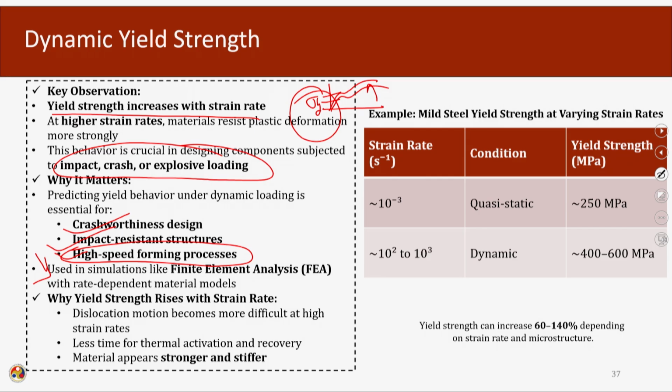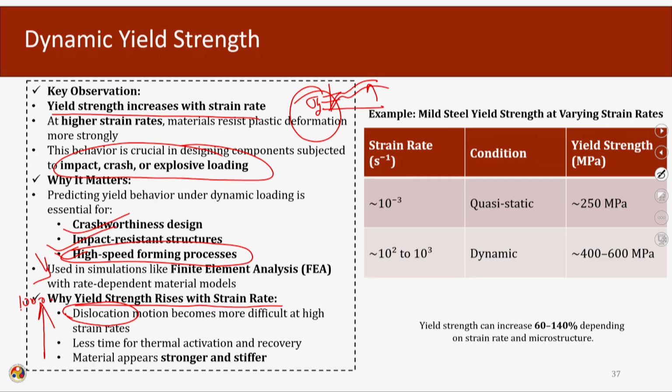So, why does the yield strength increase with strain rate? It happens because there is a dislocation motion, and this dislocation motion becomes more difficult at high strain rate. When we are going into the yield regime, the dislocation has to occur.